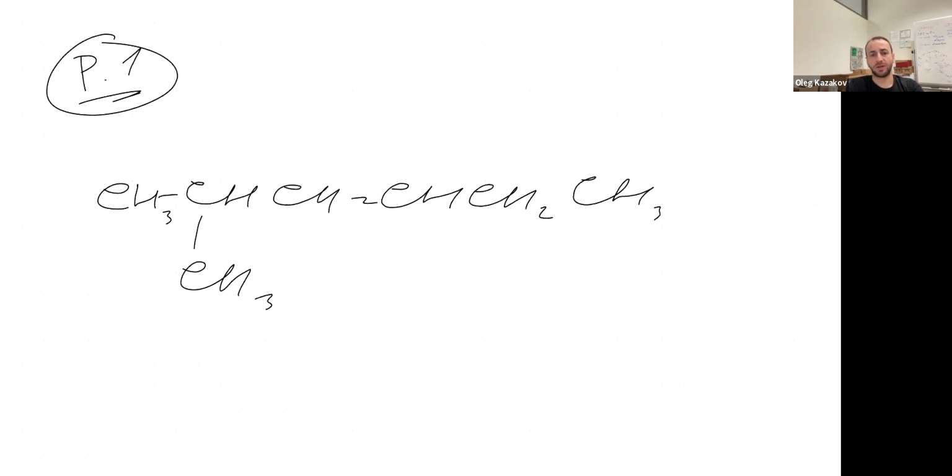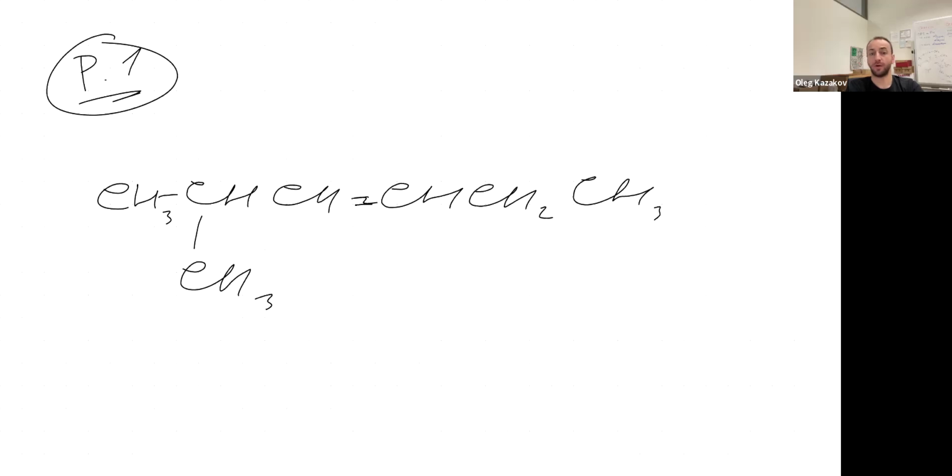Anyway, now let's take a look at this one, which is unbent, horizontal. The double bond is here, between this carbon and that carbon. If we start the count right to left, 1, 2, 3, the double bond starts on carbon number 3.